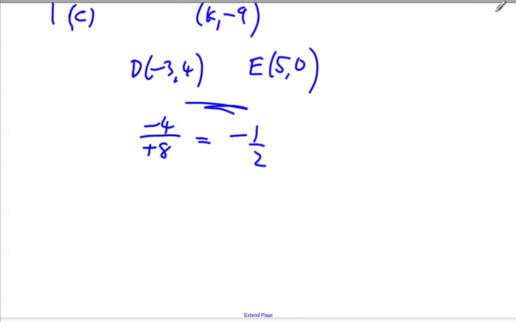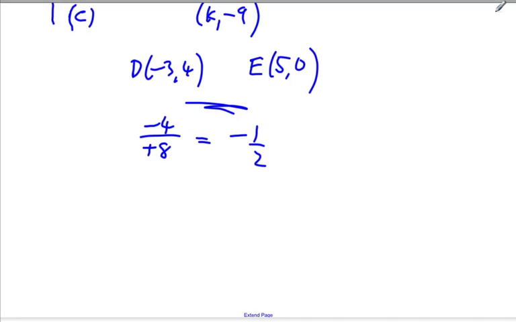So if the gradient of DE is negative 1/2, then the gradient from our (k, -9) point to E must also be negative 1/2. So let's take (k, -9) and (5, 0) and write down the gradient of that.